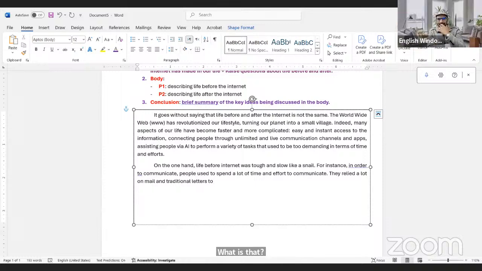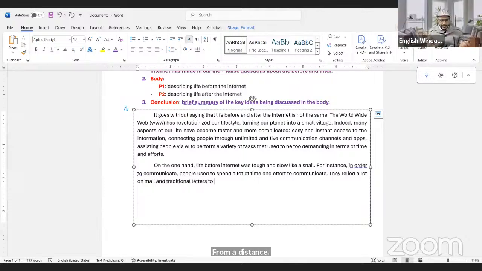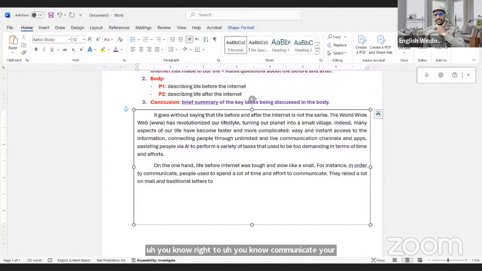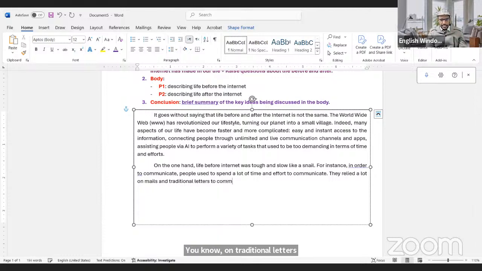From a distance, to communicate information or news or whatever. So they relied a lot on mails; we need to make it plural, traditional letters, to communicate news and updates.